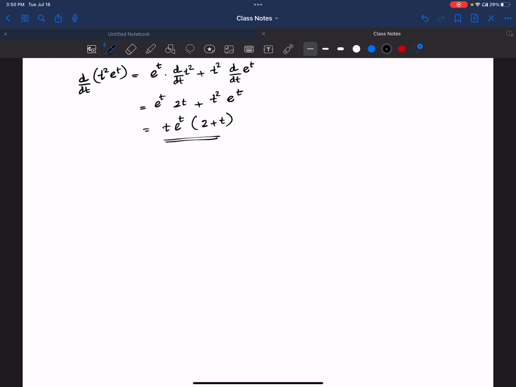Okay, let's learn the chain rule. Now you can do many problems like that by using the product rule, and I'm going to use some of those later. But let's look at the chain rule.